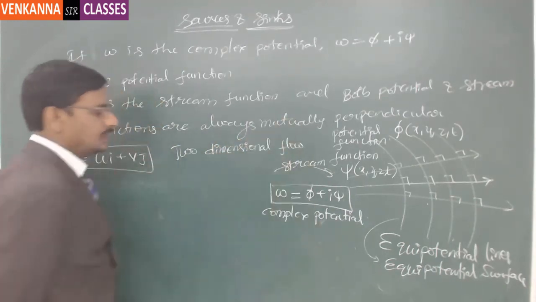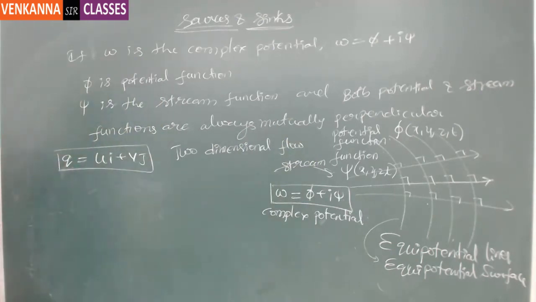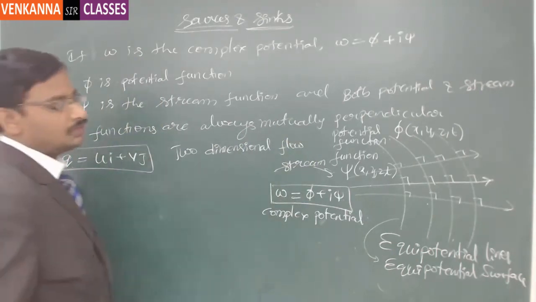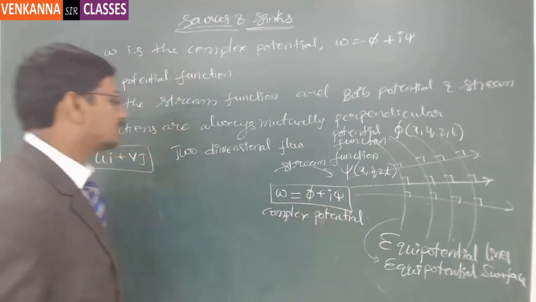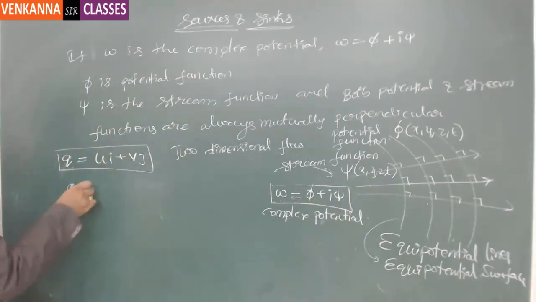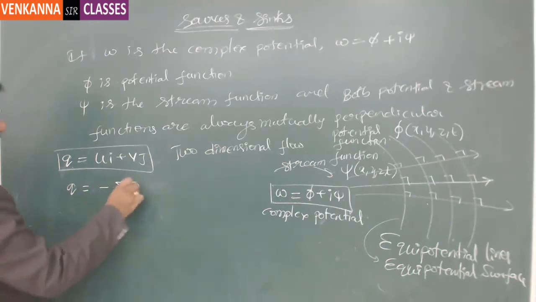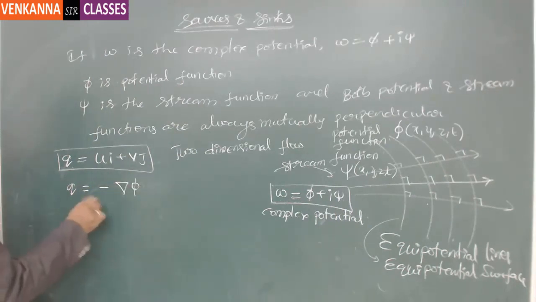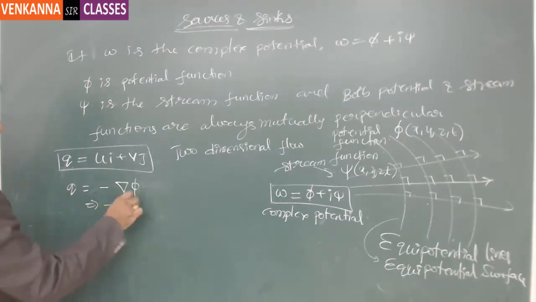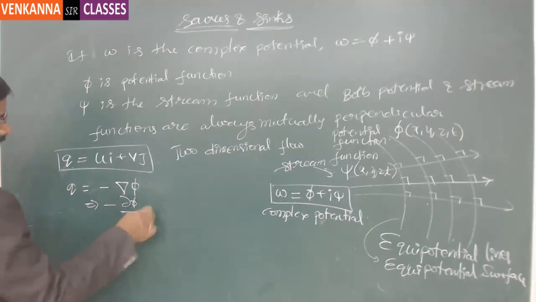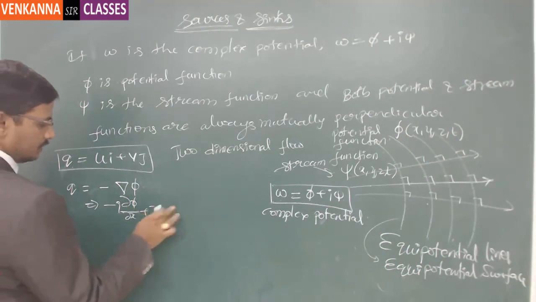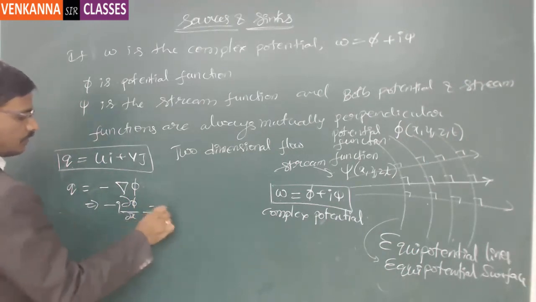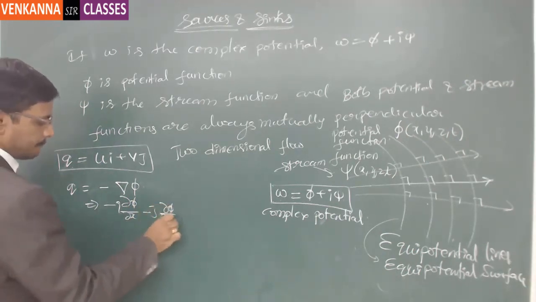And for a conservative field, or a potential field or potential flow, this velocity can be written as minus del phi. So minus del phi is minus dou phi by dou x times i plus j times minus dou phi by dou y.